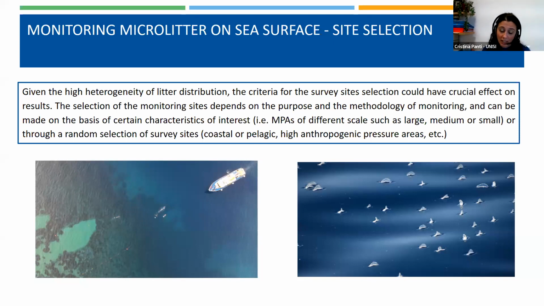So the selection is very crucial for the proper monitoring of floating macro and microlitter. If you are more interested in coastal environment rather than pelagic environment, you will define different transects in different areas.